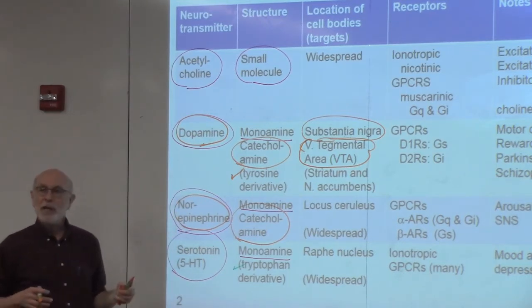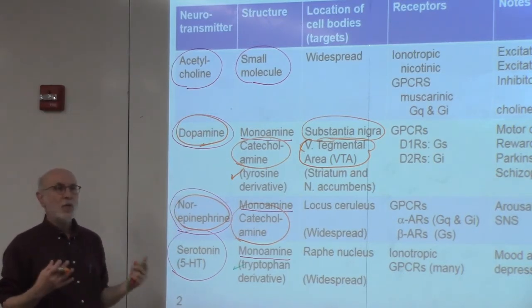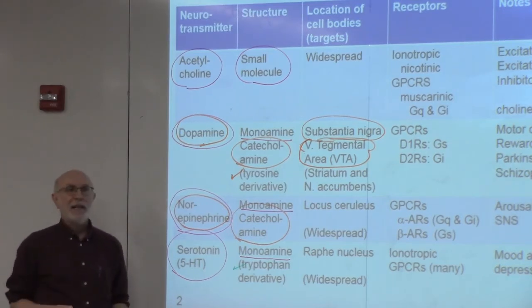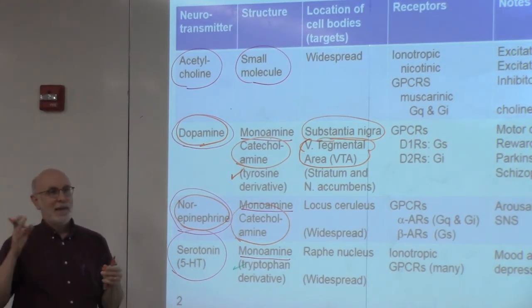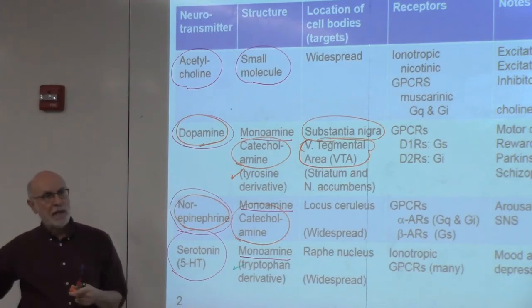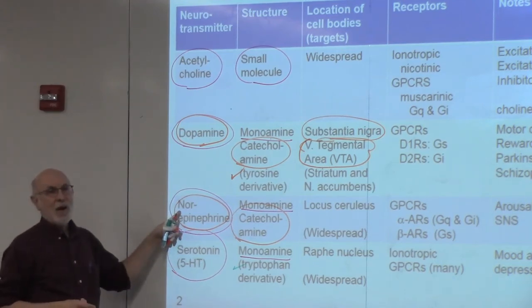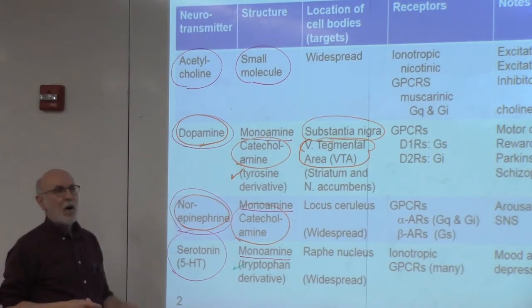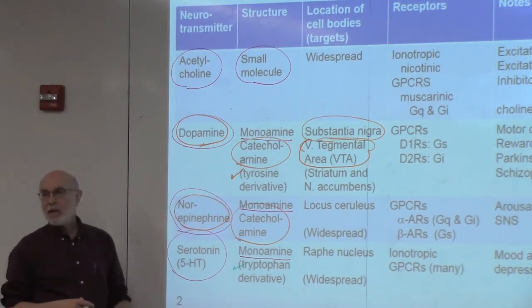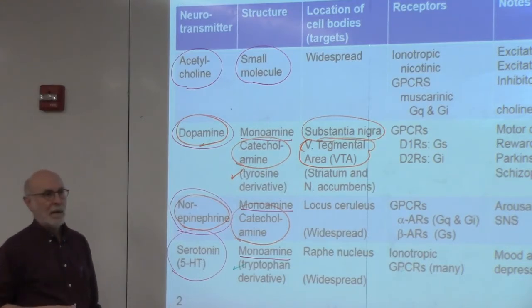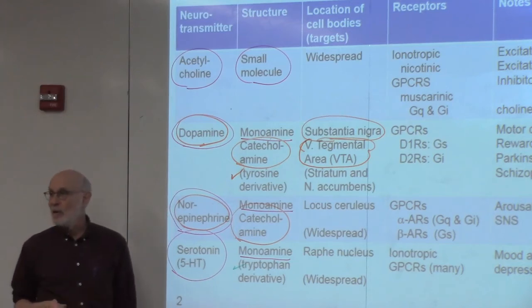Norepinephrine. You'd want to say norepinephrinergic neurons. Unfortunately, with the Atlantic Ocean between England and the United States, neurons that release norepinephrine are called noradrenergic neurons, because in England, epinephrine is called adrenaline. We sometimes call it adrenaline too, but scientifically we call it norepinephrine.